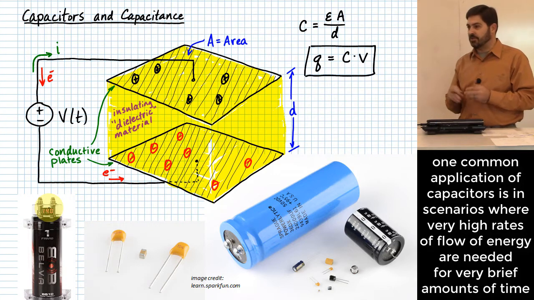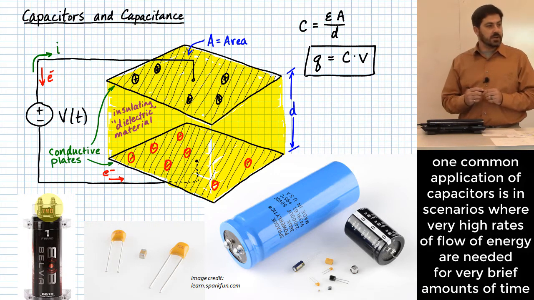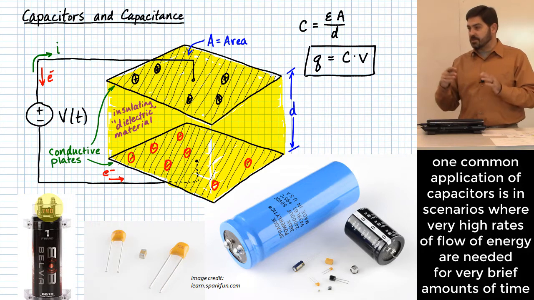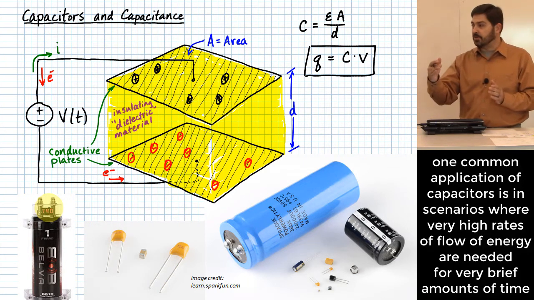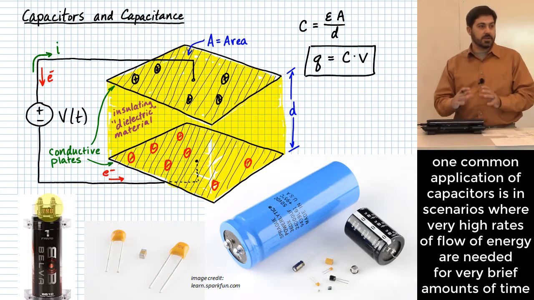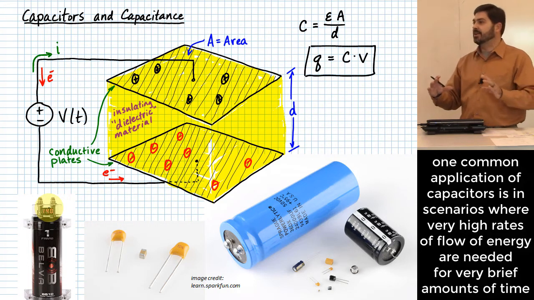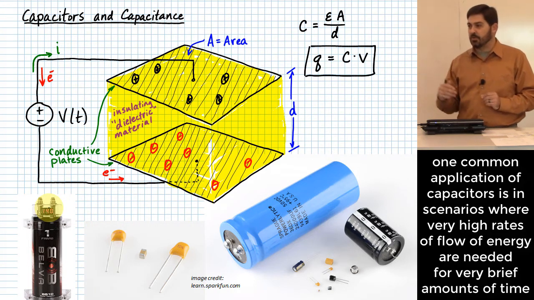Whenever you use these in a stereo system, that's essentially what you're trying to do: you're delivering energy from the vehicle, but the capacitor is there to smooth out that energy delivery. If it needs high amounts all at once, it's there to supply those over very brief periods of time.